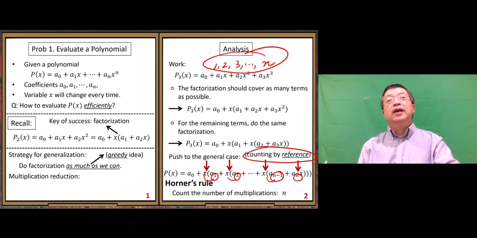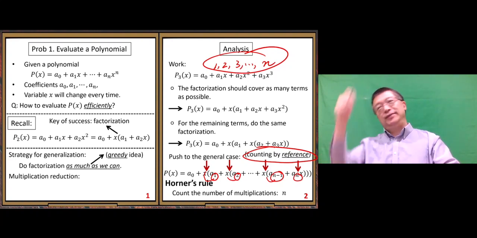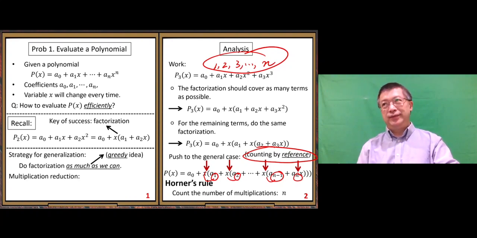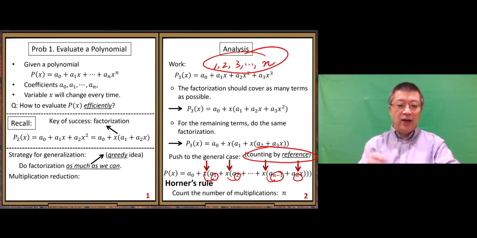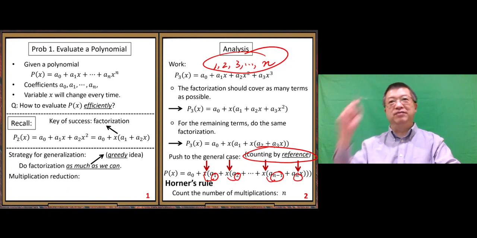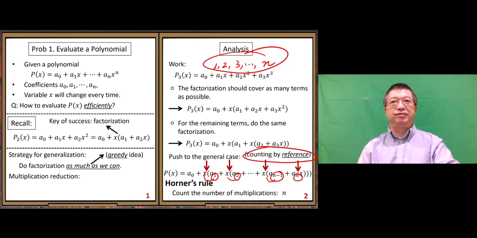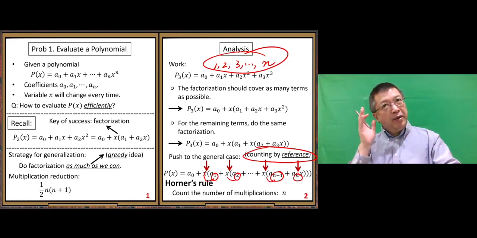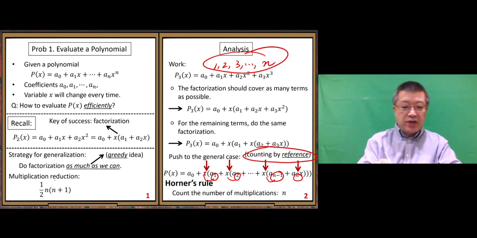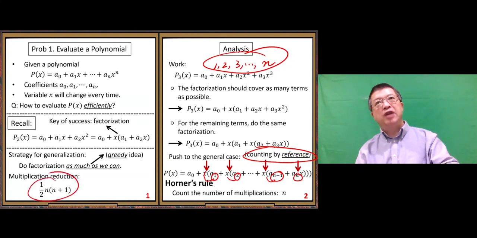All right. So now, conclusion. Multiplication reduction. This time, we want to look at the multiplication reduction. Before the reduction, this is our expression: 1/2 times n times n minus 1.